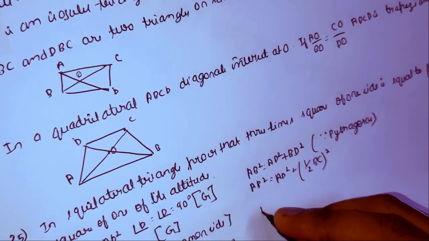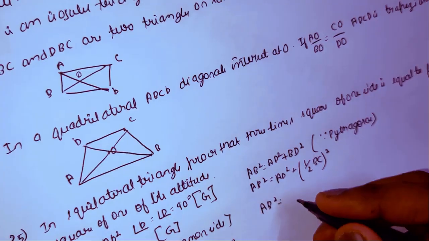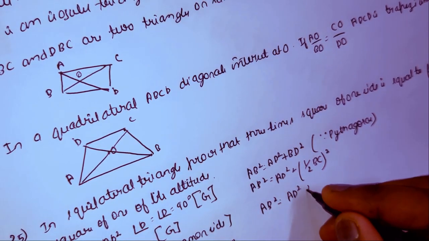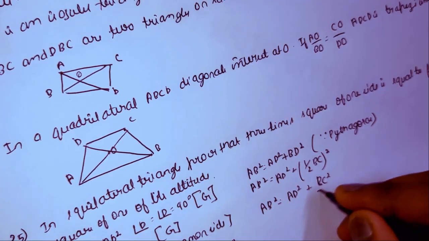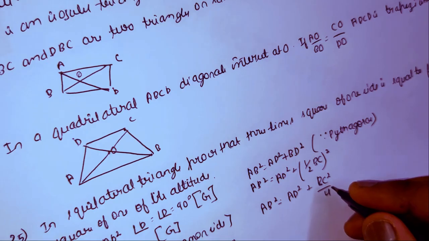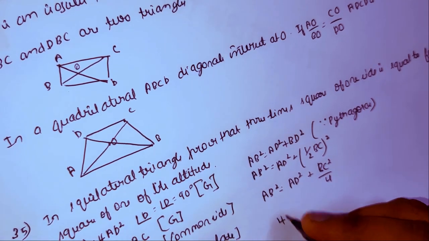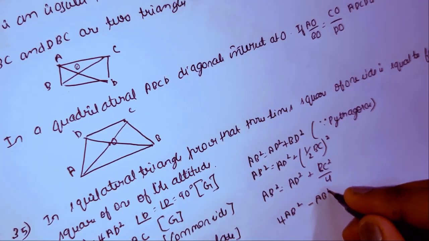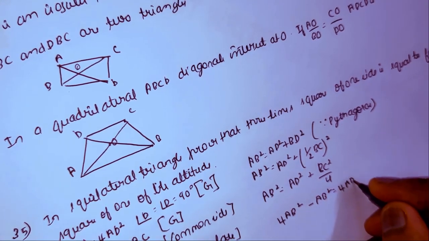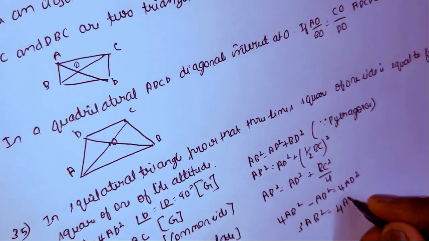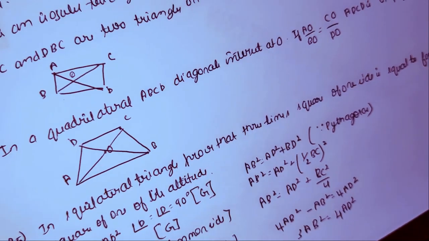We will get AB square is equal to AD square plus BC square by 4. Take common, then bring it to the other side. You will get 4AB square minus AB square is equal to 4AD square. This is nothing but 3AB square is equal to 4AD square. This is asked to prove.